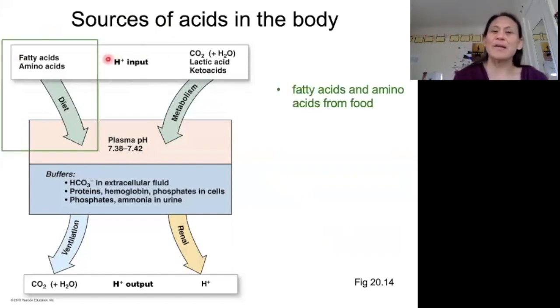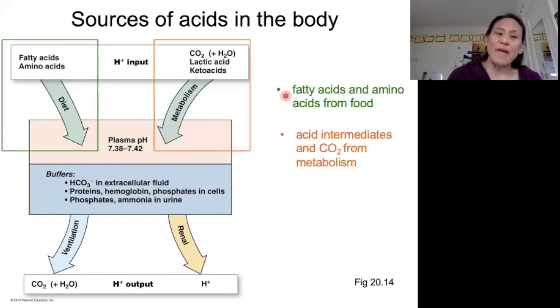First is our diet. Okay, so a lot of what we eat has acids in it. Proteins are made of amino acids. Fats are made of fatty acids. And so when we eat, we do naturally kind of acidify. Okay, there isn't much that we eat that is basic.